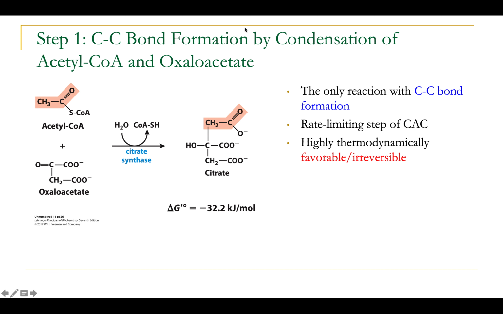The first step is the transfer of the acetyl group, condensation of the acetyl group within acetyl-CoA with the last step product of the citric acid cycle, oxaloacetate, to form the tricarboxylic acid citrate.